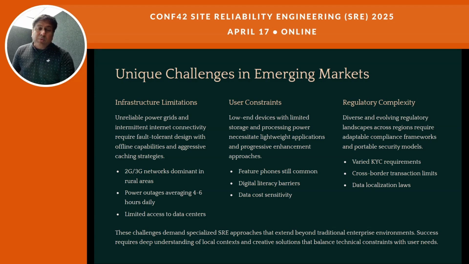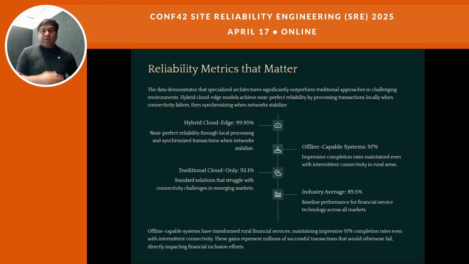Now, that's where we're talking about reliability. Reliability metrics that really matter. The reliability metrics become essential in measuring how well we perform under these harsh conditions. Cloud edge models often show near perfect reliability by processing locally and synchronizing once connectivity is restored.